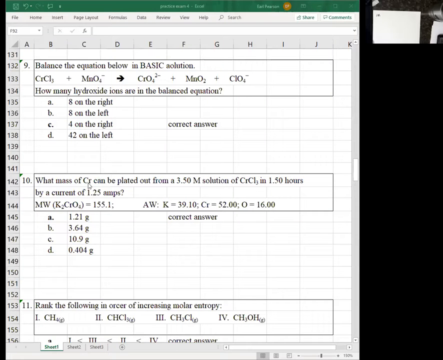All right, so number 10, what mass of chromium, how many grams of chromium can be plated from a solution of 3.5 molar chromium 3 chloride, in 1.5 hours by current of 1.5 amps. Okay, I think we got the data that we need.